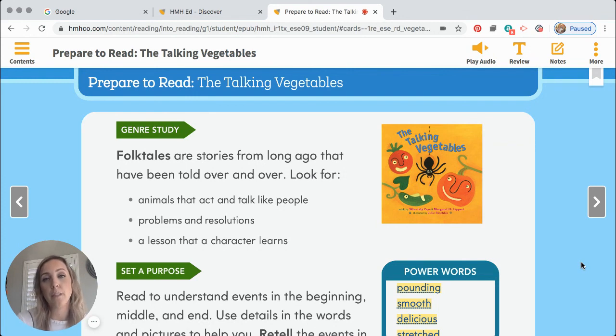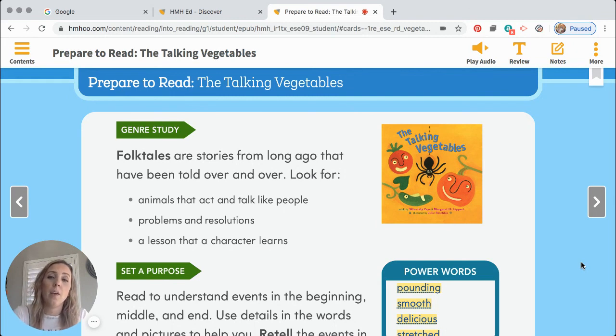Another characteristic of a folk tale is that those characters oftentimes are faced with a challenge or a problem, and they work towards solving that problem. And at the end of the story, oftentimes there is a resolution to that problem. And so we'll notice that our characters in our story today are going to face some sort of problem. And through that problem and solution or resolution at the end of the story, those characters are going to learn a lesson.